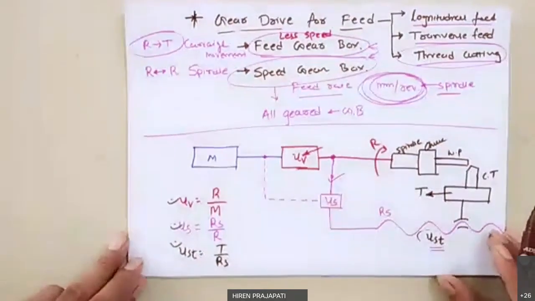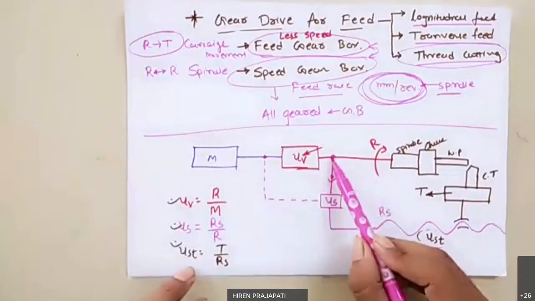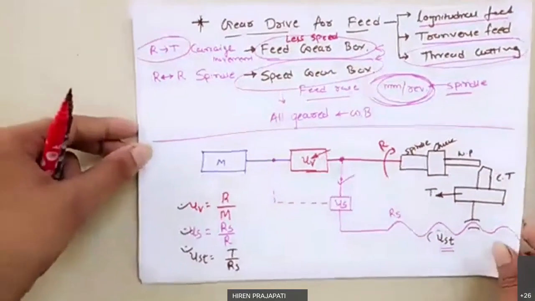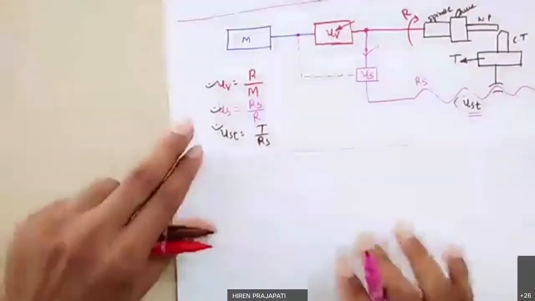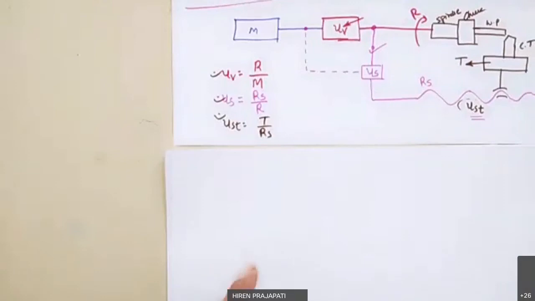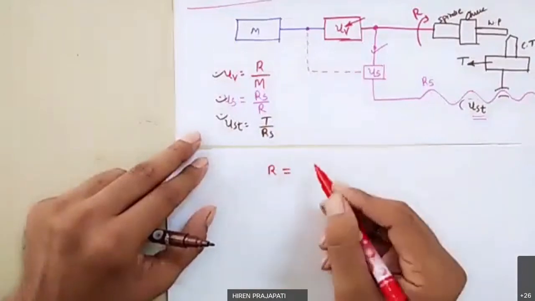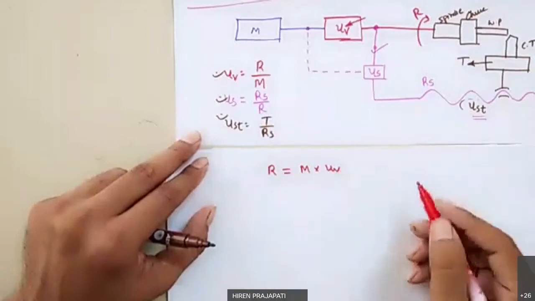Fine. Now what have we assumed? We have assumed this after UV. So let me write now. Using these equations, we can say the rotation R is equal to M into UV, right?